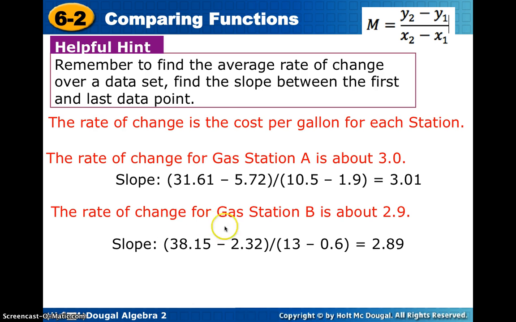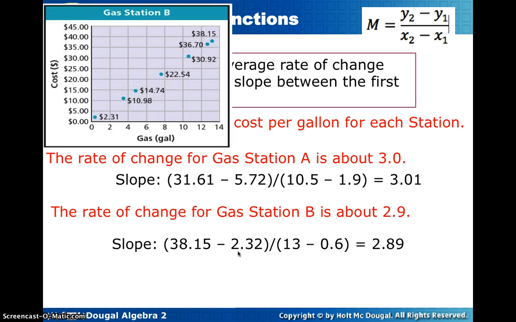Now when I was finding the slope for this gas station, it was a little bit harder, because when I was reading the information off the graph, it's harder to tell what the exact numbers are. I can see exactly for my y values, I should use the 38.15 and the 2.31. Those are the numbers I have right here. However, for the other numbers, I had to estimate to see what x value corresponds to that.